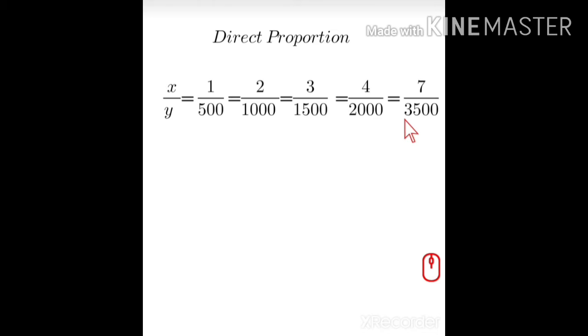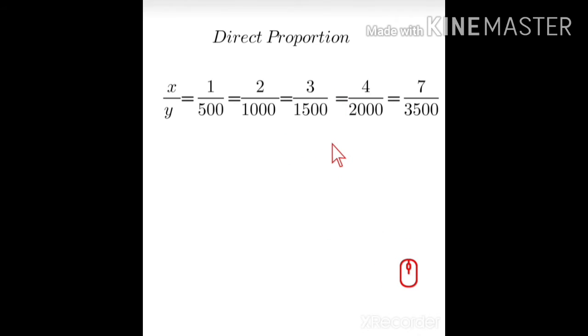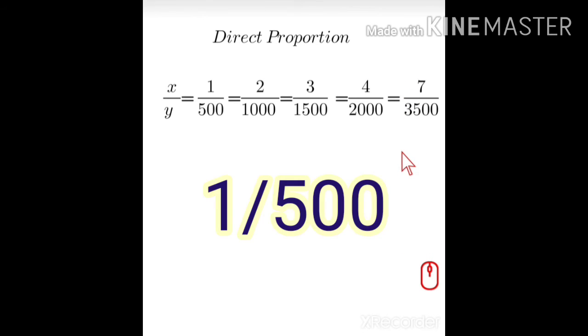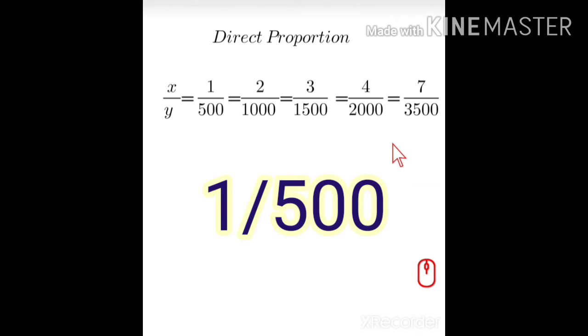All the ratios are equivalent. Each and every ratio is equivalent, and the simplest form is 1 by 500. If we cancel 2 by 1000, the answer is 1 by 500, and if we cancel 3 by 1500, the answer is 1 by 500, and even 7 by 3500, if we cancel, the answer is 1 by 500. So the simplest form is 1 by 500.